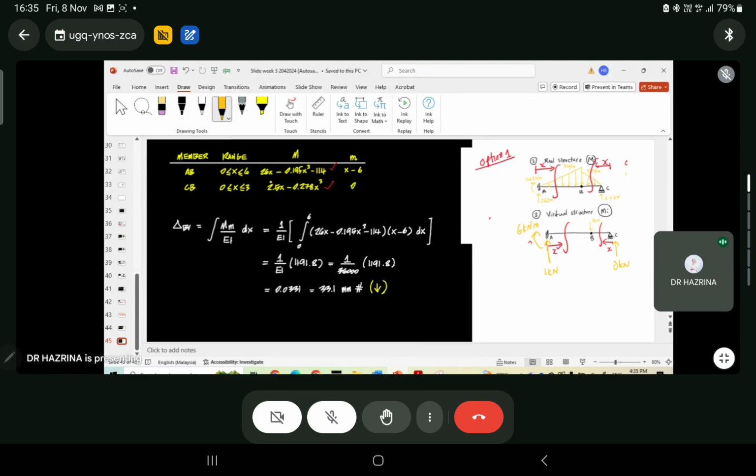So you have X dengan X. So finally you akan dapat this value. And bila dah dapat this value, okay, you got this value, you masukkan dalam you punya equation, and then make an integrations. So finally you akan dapat this solution.